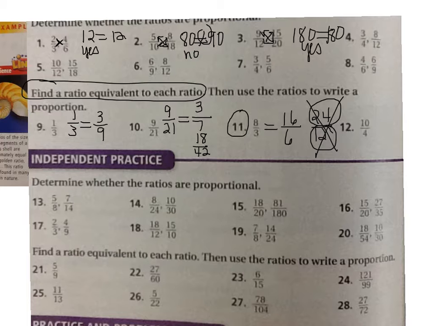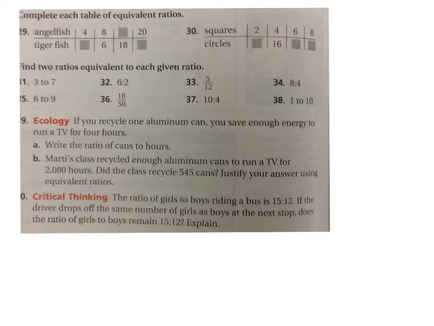Are there any questions on how to do that? Okay. All right, you might also have problems that look like this where it says complete each table of equivalent ratios. They are telling you that these, which are all first terms, are equivalent to each other, and all these numbers are the second term.